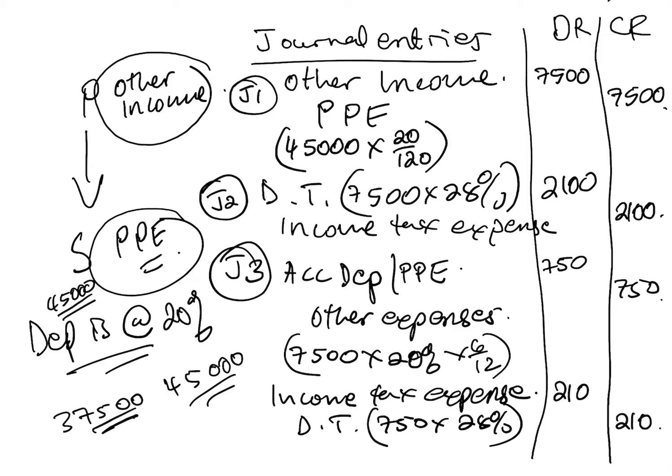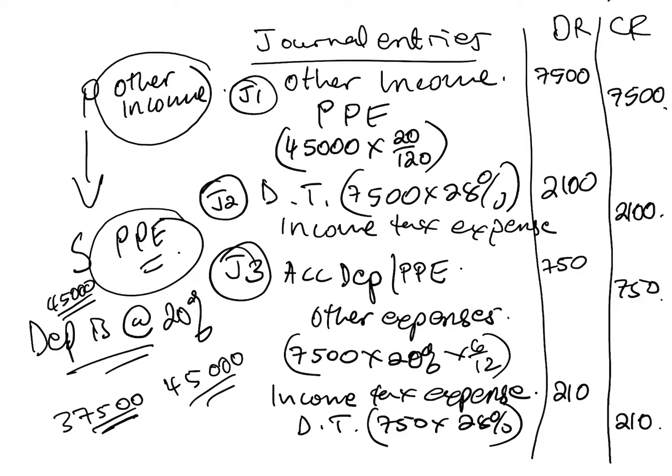Now we have created this journal, and please don't forget, we have created a template for profit or loss, a template for the statement of changes in equity, and a template for the statement of financial position. Then we took all the free marks. The one that could be blank is the statement of changes in equity. Why? Because we have to take the information from the calculations that we are actually making.